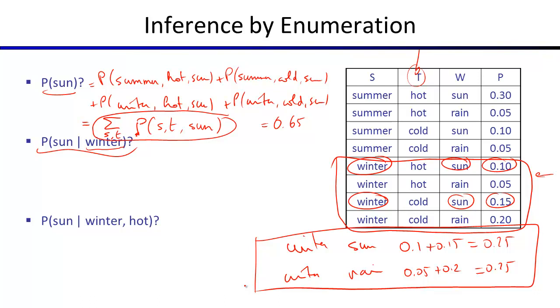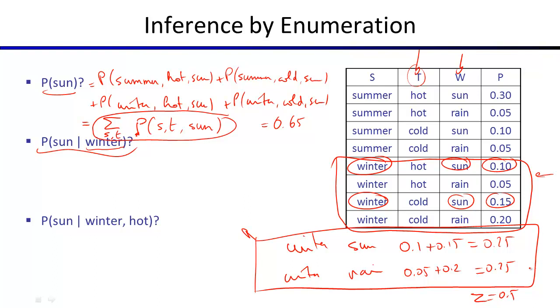If we normalize this, we get the conditional table for weather, W, given winter. So after renormalization, Z equals 0.5.